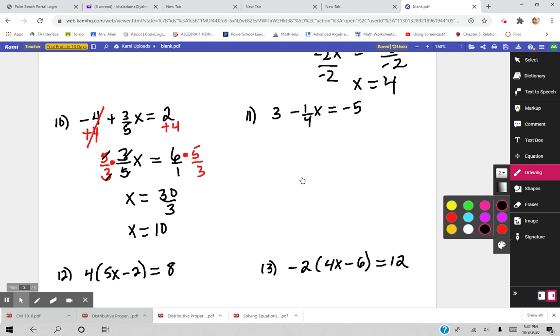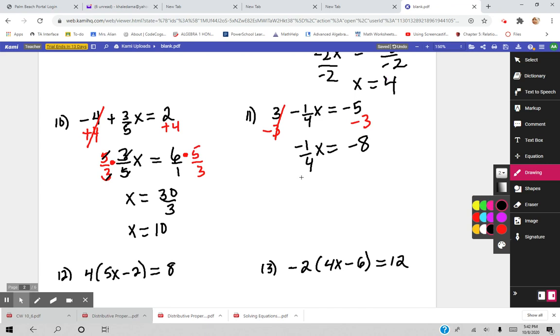Okay, number 11. So we want this term, -1/4 x, by itself. So let's eliminate 3 from here by creating a zero pair. This is positive. You see no sign, that means it's positive. So I need to do the opposite, which is -3. Subtract 3 from both sides. And I'll get -1/4 x equals -8.